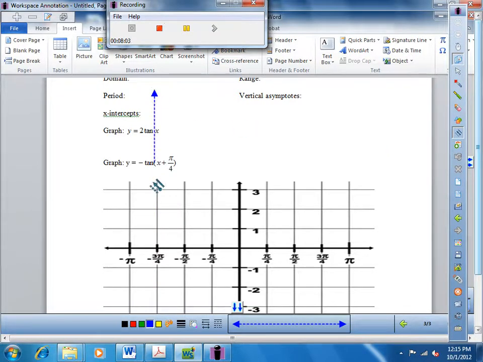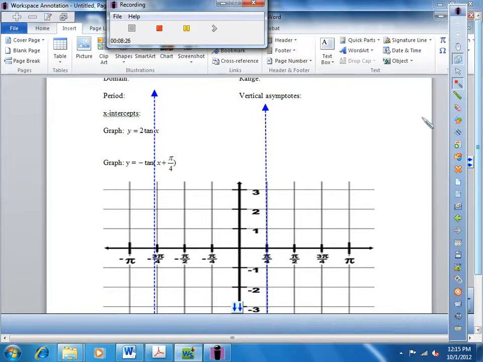The asymptotes would be there and then move back pi over 4 to there. Okay. And then you might want to pick some points, but it's not stretched vertically or anything like that. But where I had 0, 0, now I have negative pi over 4, 0.